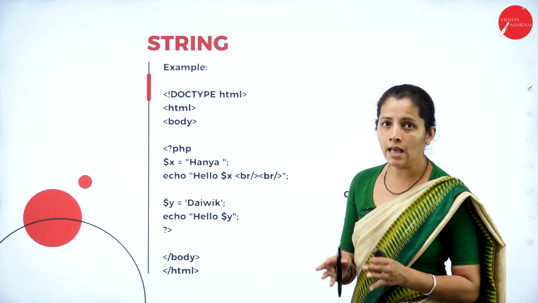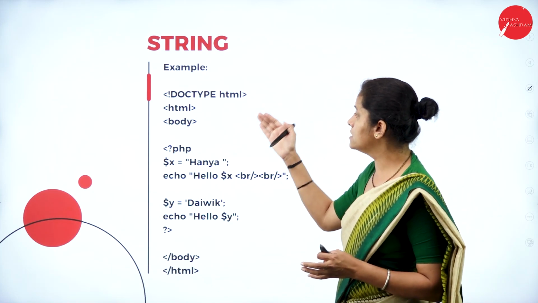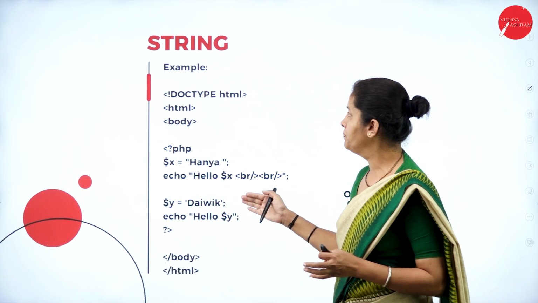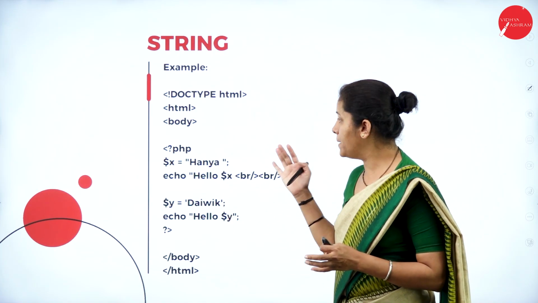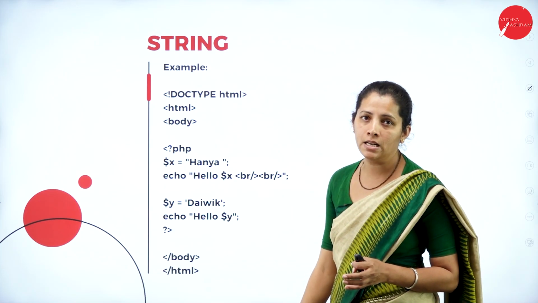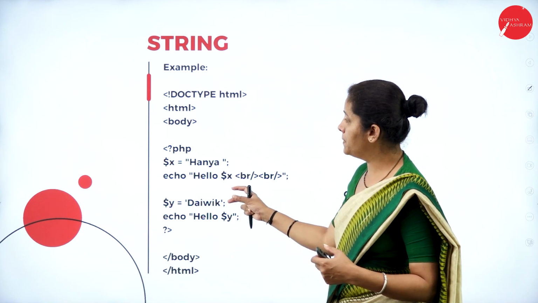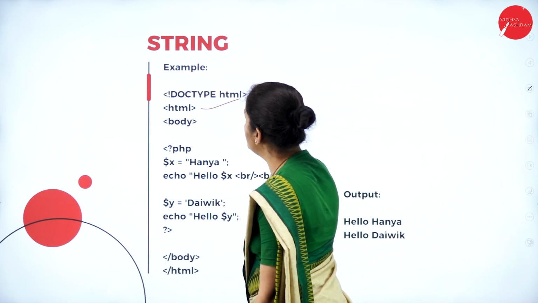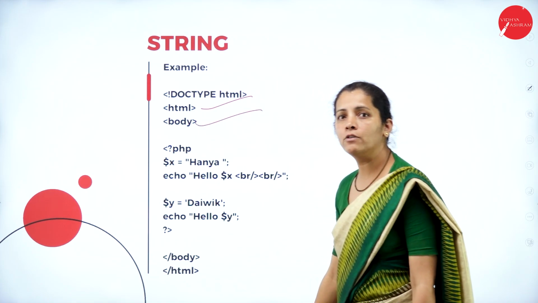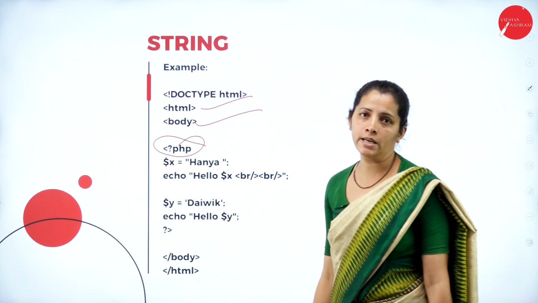Now, if I consider a PHP script, see, this is a simple PHP code. We know that we write PHP within HTML, meaning we enclose PHP in the HTML. This is my HTML tag, and this is my body tag. In the body I'm writing the PHP script.